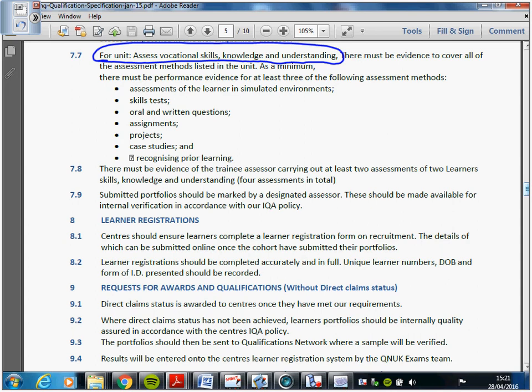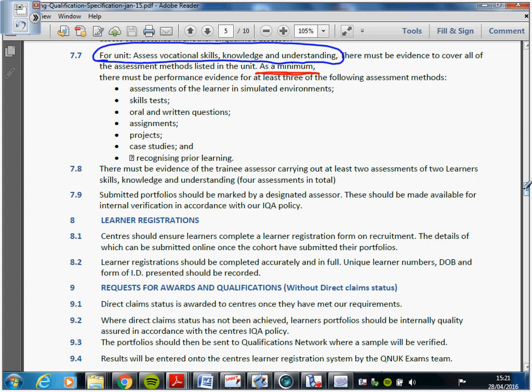Let me just read the statement as it is. There must be evidence to cover all of the assessment methods listed in the unit. That's very clear. As a minimum, there must be performance evidence, at least 3 of the following assessment methods.